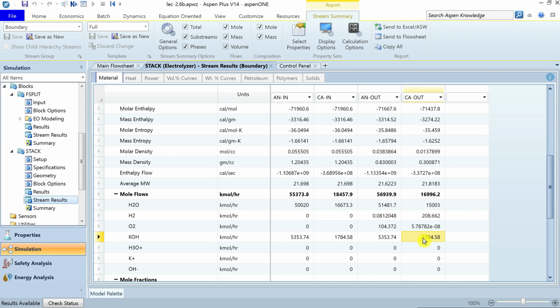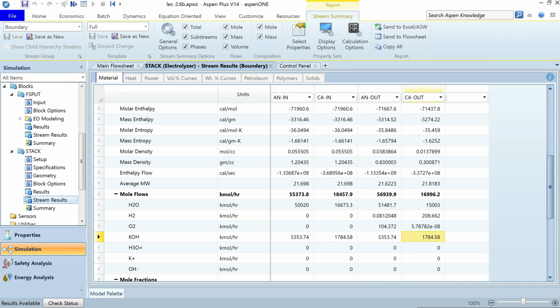For practical purposes, they have to be separated from the product gases and recycled back to the inlet stream. And the depletion in the water concentration due to conversion into hydrogen and oxygen should be provided as a makeup water stream. This is how you can define the input specifications of the electrolyzer block and view different computed results.